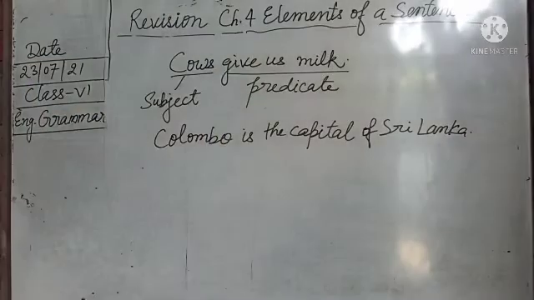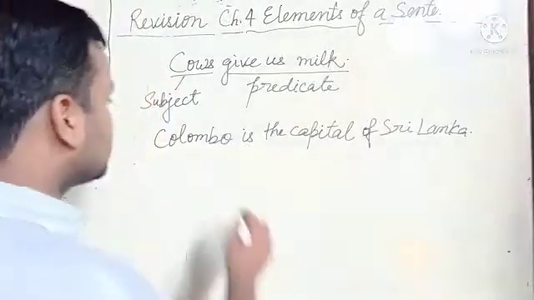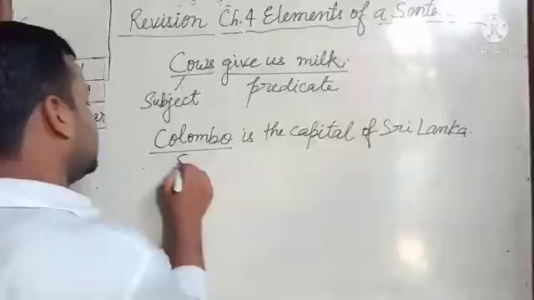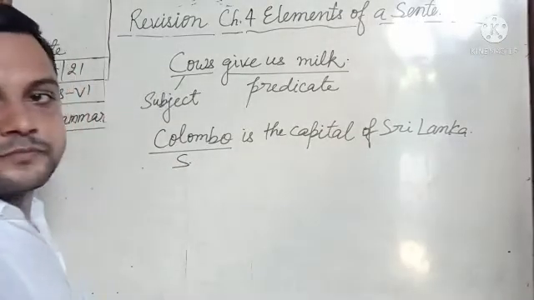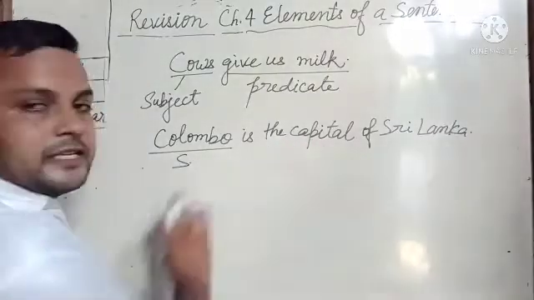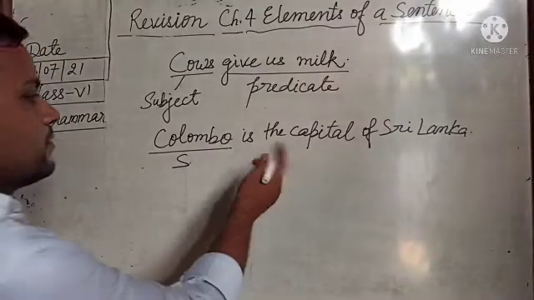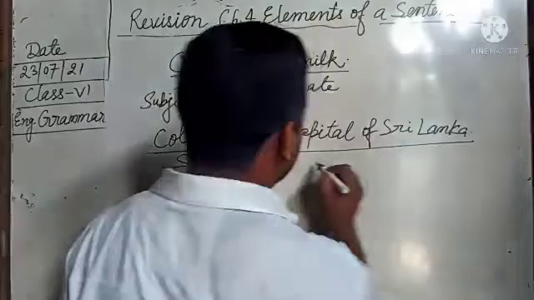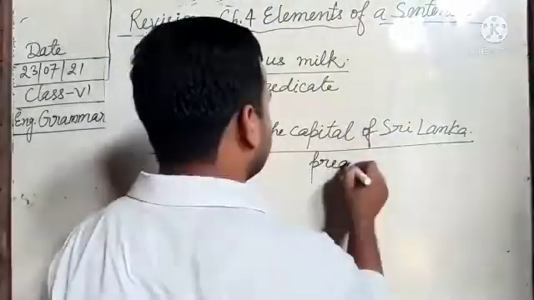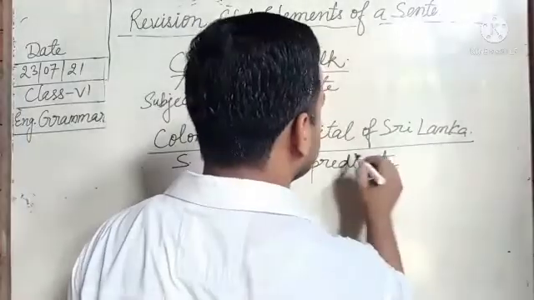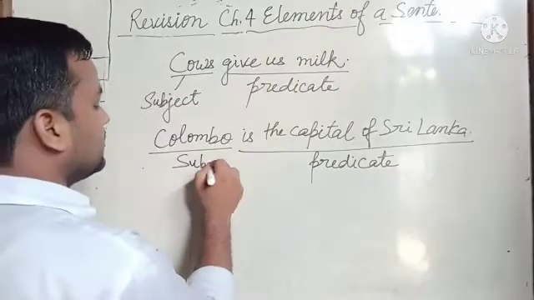So students, Colombo is the subject because the statement is about Colombo. And "is the capital of Sri Lanka" is the predicate. It is predicate and it is subject.